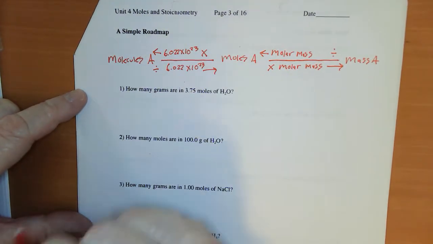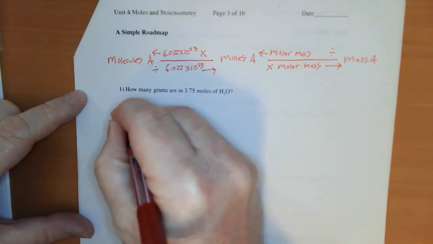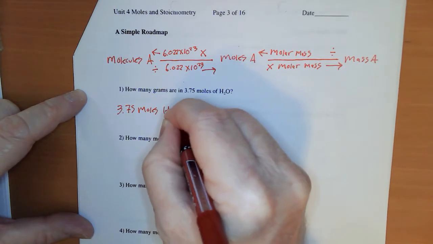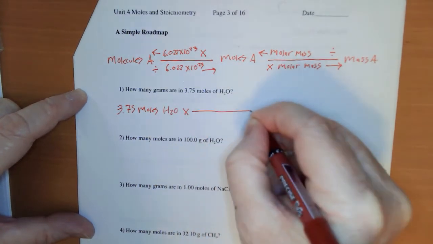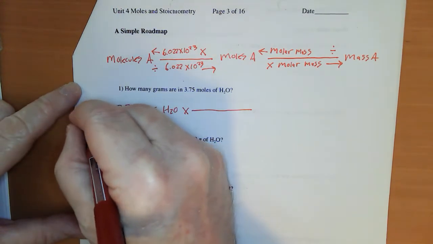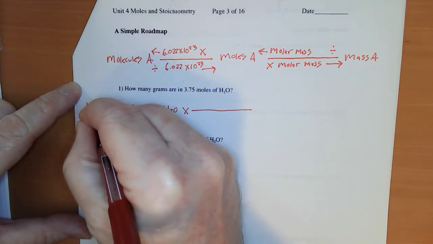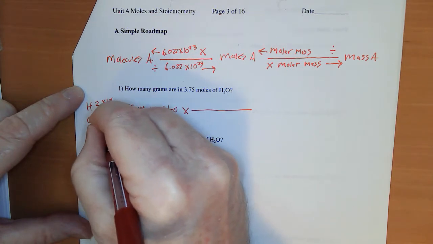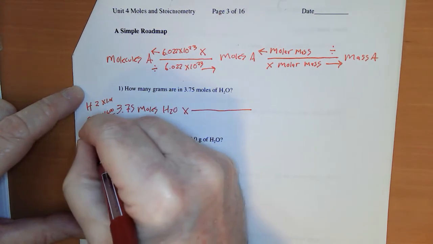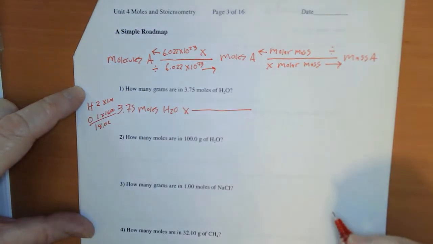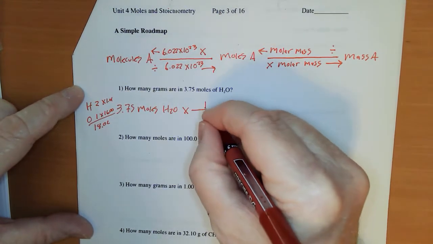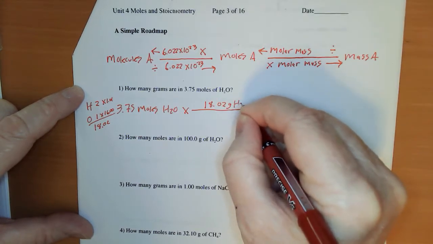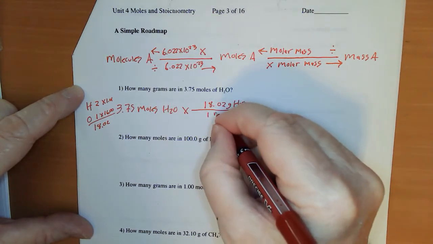So just like with our metric conversions, 3.75 moles water, that's the given, times, now I'm going to need the molar mass. So I got hydrogen, oxygen, 2 hydrogens times 1.01, and 1 oxygen times 16.00, and that has to be 18.02. So now, 18.02 grams of water over 1 mole of water.